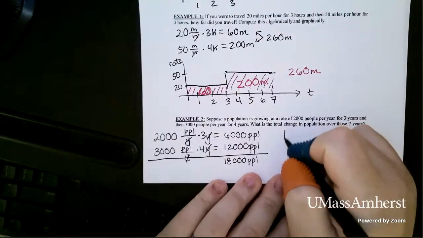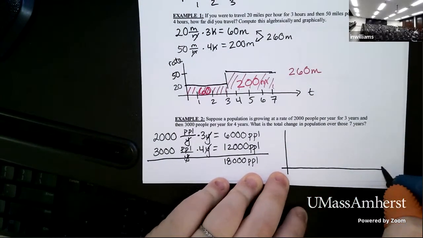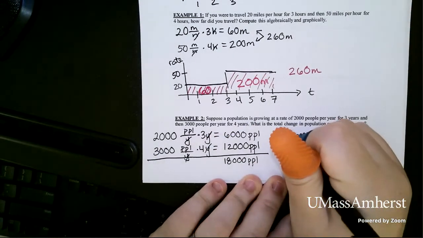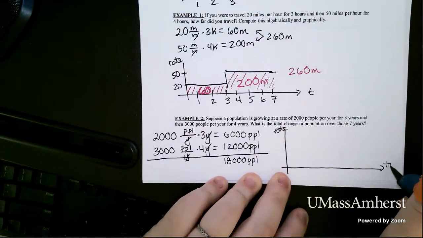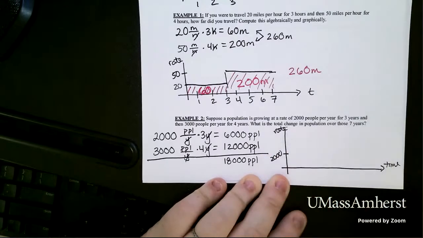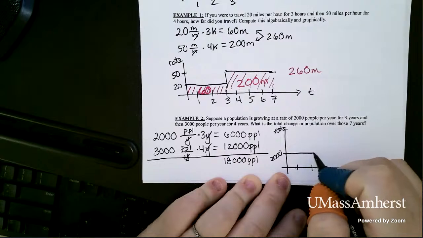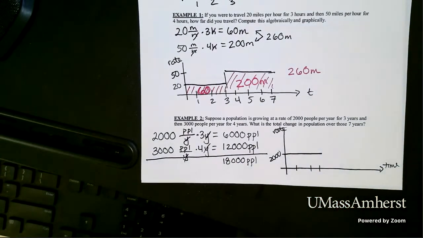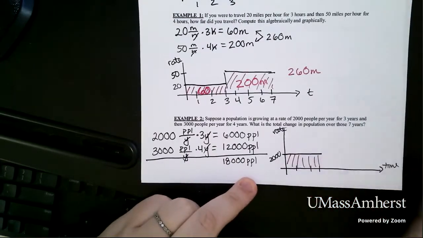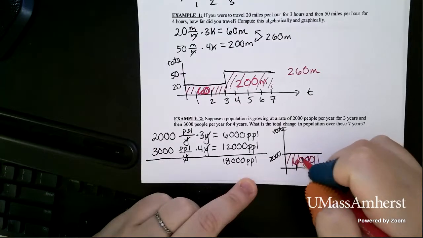Okay. So now, if we were to graph this, again, we start with our rate versus our time. Our first rate is 2,000, so I'll throw that on the axis for 3 years: 1, 2, 3. Again, area under the curve: 2,000 times 3 gives us our 6,000.